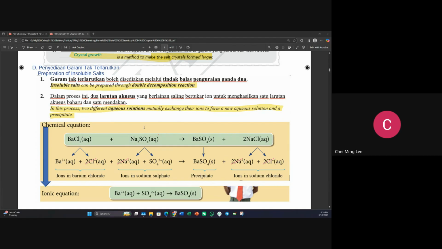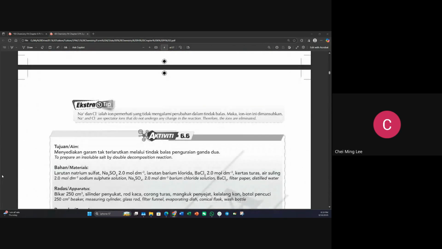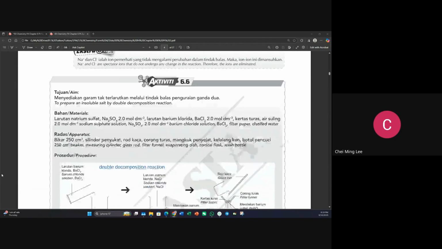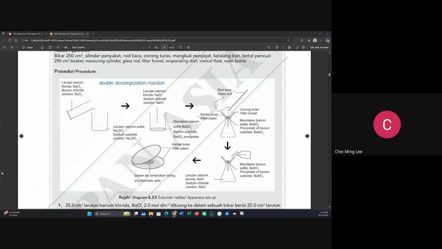Done, huh? All right, now let's see the next one. So how they do it is, okay, you see the process. Like, he mixed both solutions, and then there will be a precipitate formed.